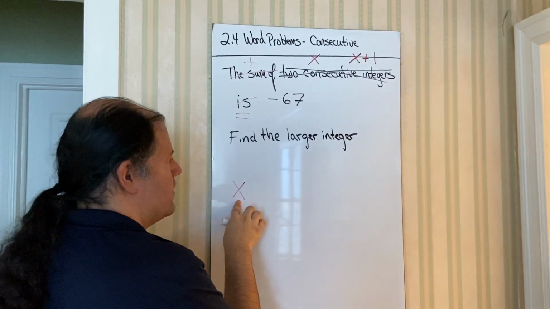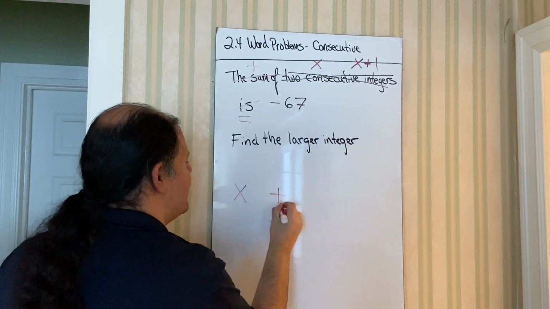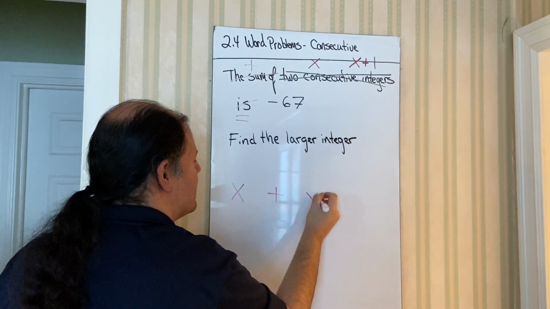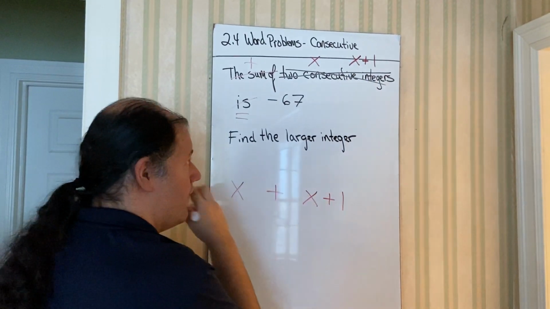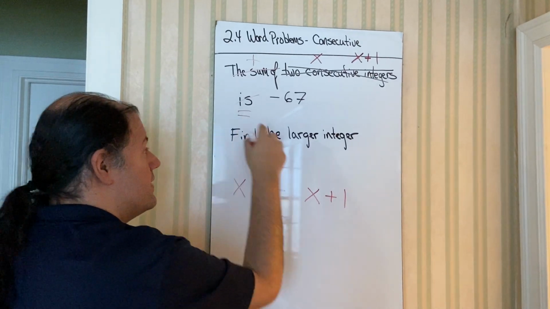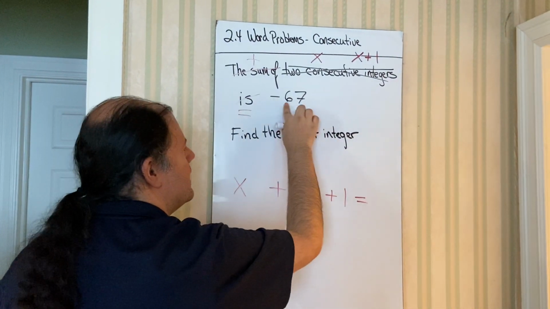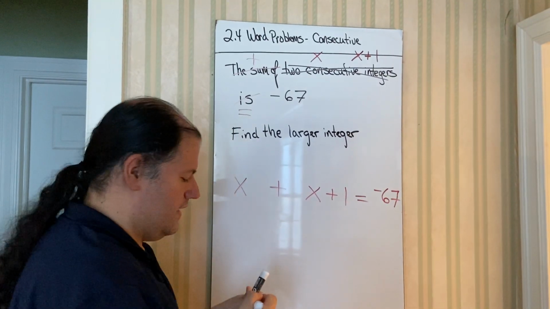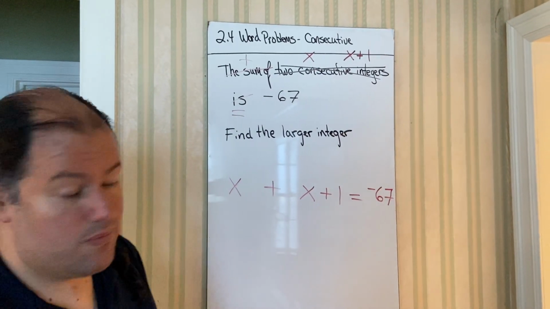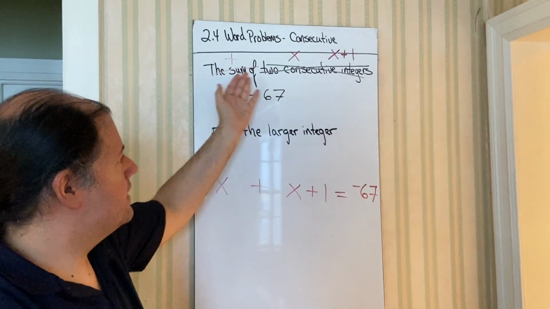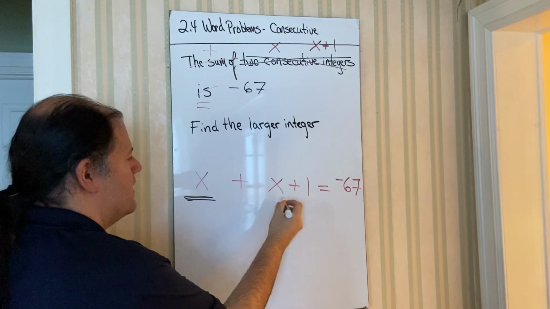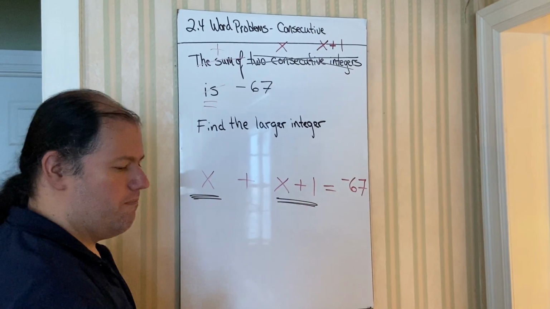x, that's your first integer, plus, because that's sum, your second integer, x plus 1, equals negative 67. Okay? So that's what this is saying. Add these two items. So here's item 1, here's item 2, and we're adding.